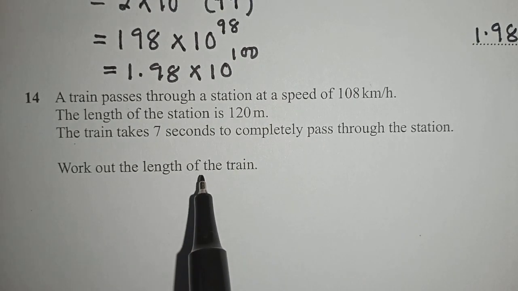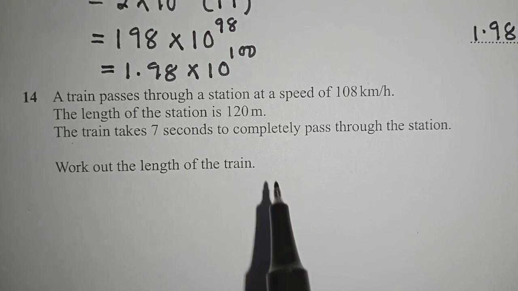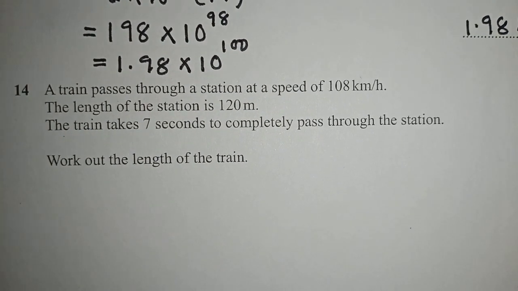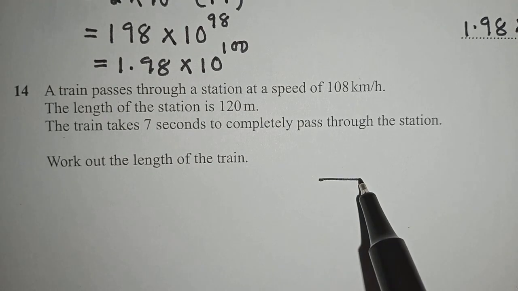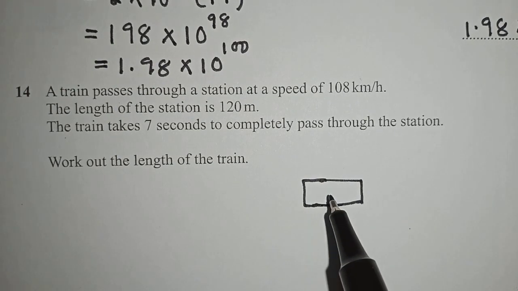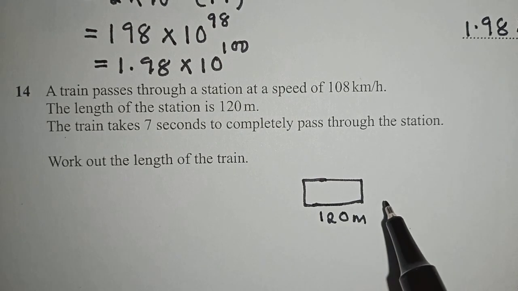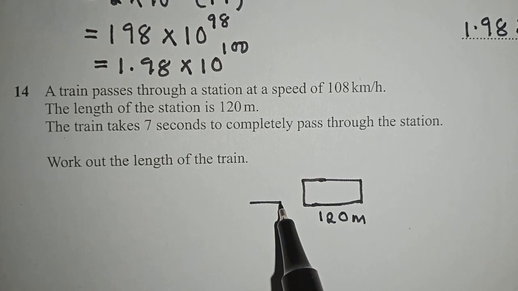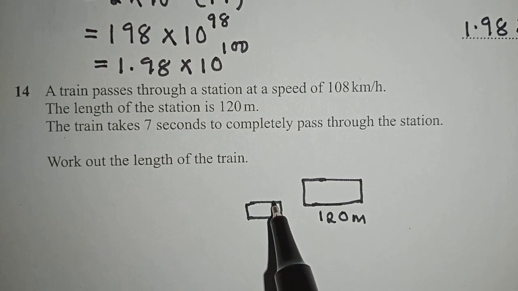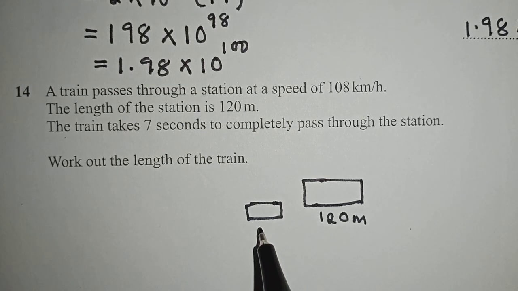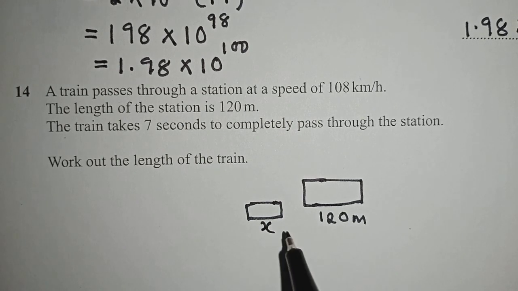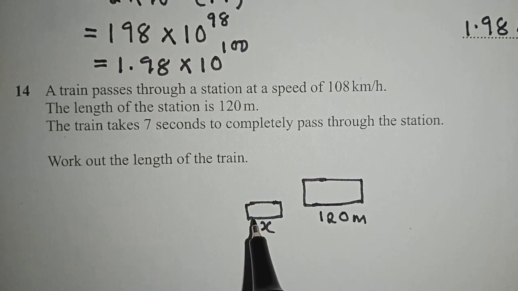Work out the length of the train. So what we're going to do here is say, this is a station and it's 120 meters. So the train, we shall say this is a train, and we don't know the length of the train.